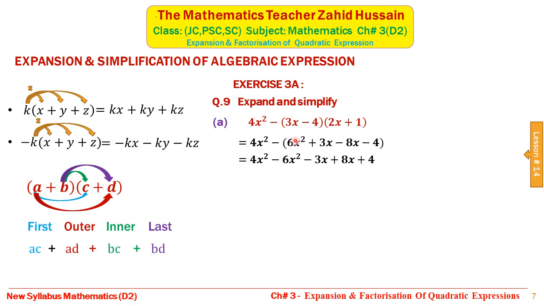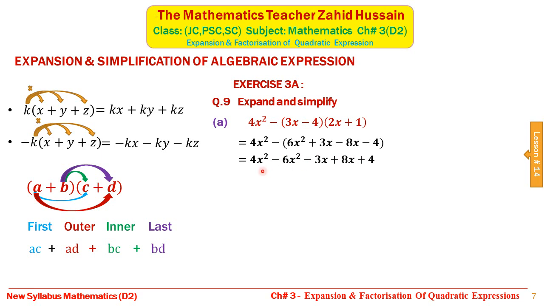Minus 1 multiplied by plus 6x square will give you minus 6x square, minus 1 multiplied by plus 3x will give you minus 3x. Minus 1 multiplied by minus 8x will give you plus 8x, because two numbers have same signs, and multiplying two numbers with same signs gives you positive answer, and minus 1 multiplied by minus 4 is plus 4.